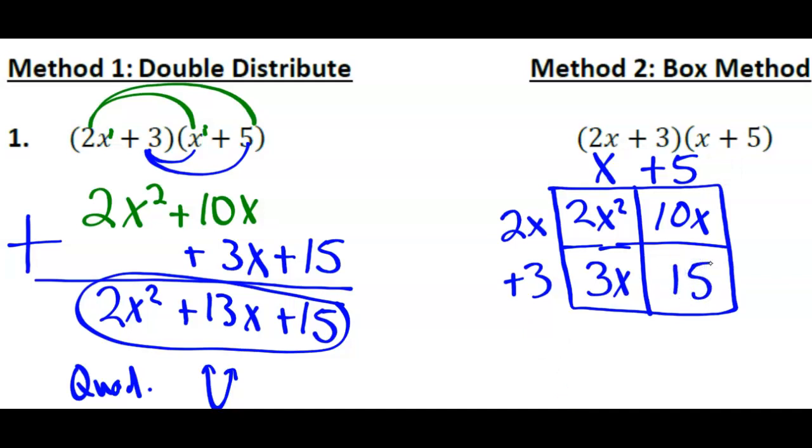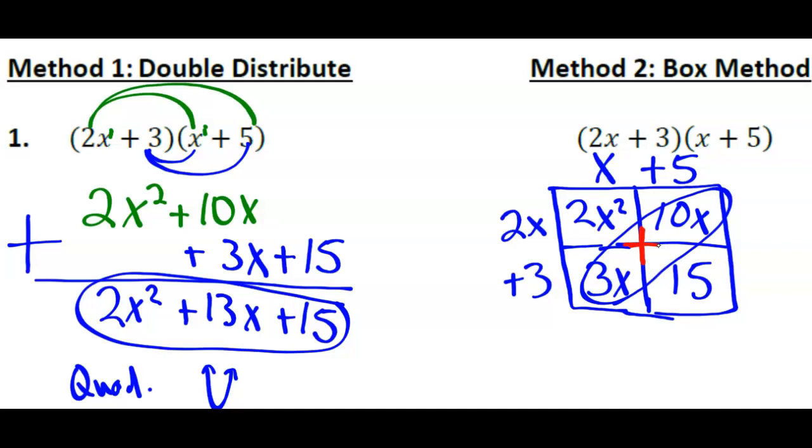Okay, now here's the thing. This just gives me the values that could be in my answer. But look here, I've got like terms, right? With those like terms being there, it's important that I add those together. So I'm going to add these that are in my oval.